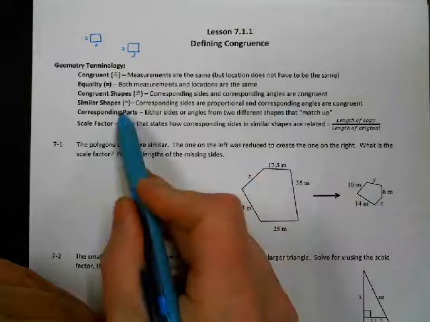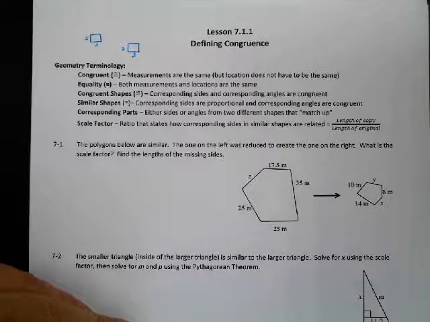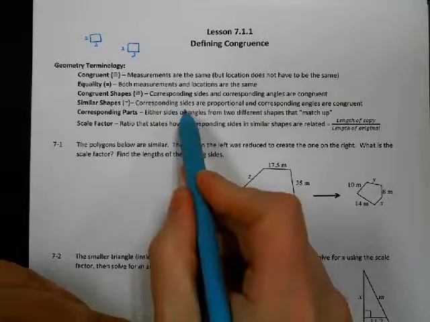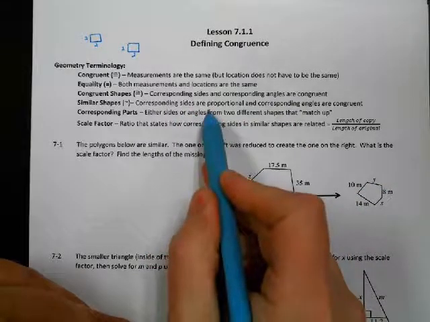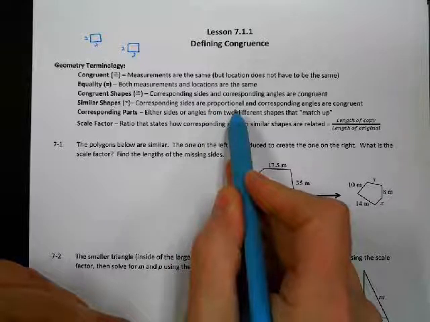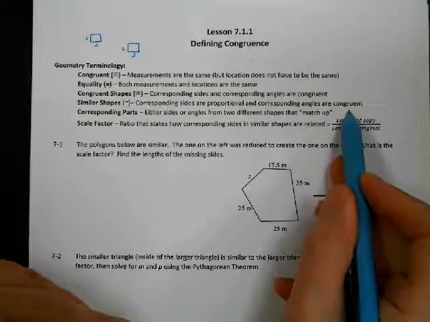Now, similar shapes, for similar we use the tilde sign. Similar means that for the corresponding sides, instead of being equal to each other, the lengths are not equal, they're proportional to each other. But the angles are still going to be congruent, or the angles are going to have the same measurement.